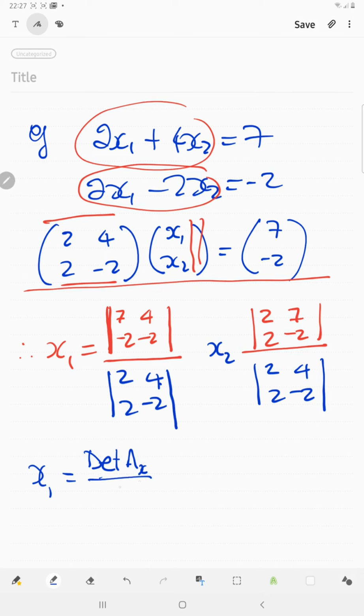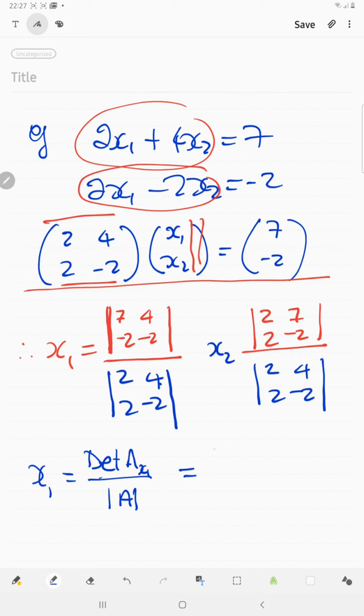So we adjust and then put the determinant of A at the bottom, and then when x2 is controlled, you say the determinant of A when x2 is controlled over the determinant of A. So this gives you the solution for x2. So what happens in this case is, if you now want to get the solution for the top one, you can just multiply.